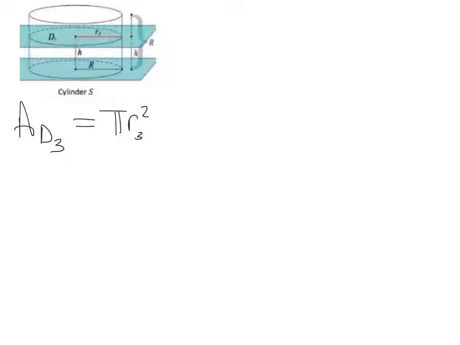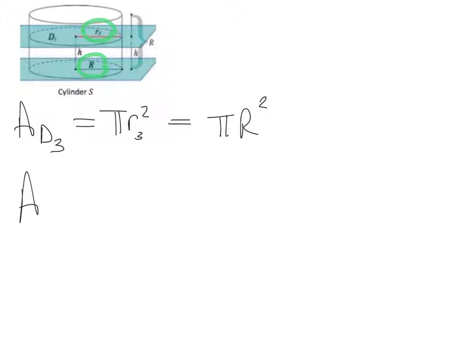So for this one, we also see that it's really cool. Get the highlighter out. Radius r sub 3 and r are the same. So this can be pi big R squared. Cool. All right, so let's review.